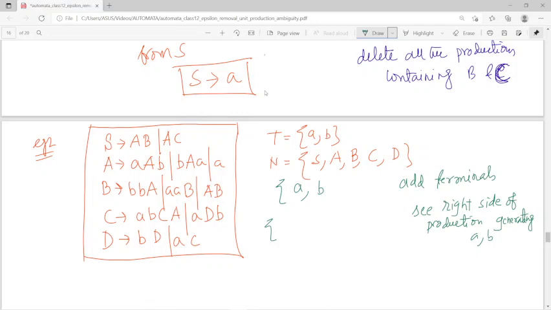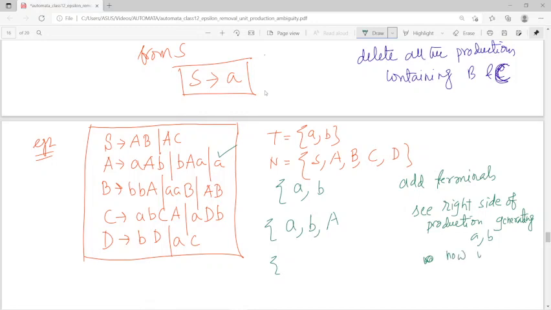You will see A will generate the small a, right? And I am writing a, b and A. Now your set will contain a, b and A.